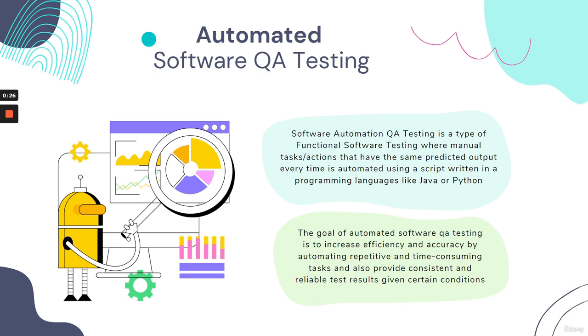The goal of automated software QA testing is to increase efficiency and accuracy by automating repetitive and time-consuming tasks, as well as providing consistent and reliable test results given certain conditions.